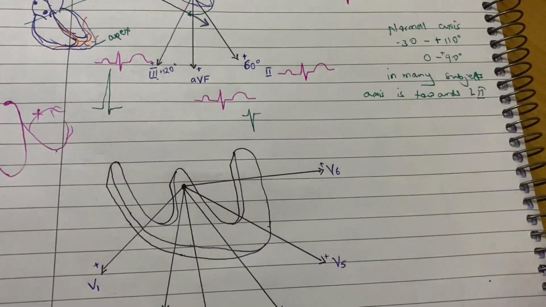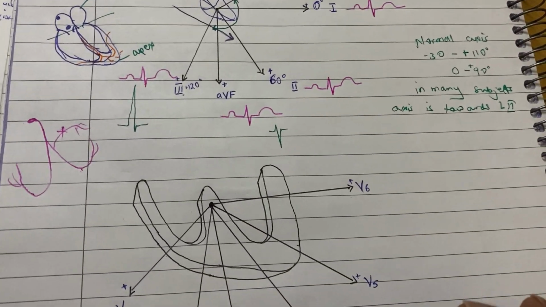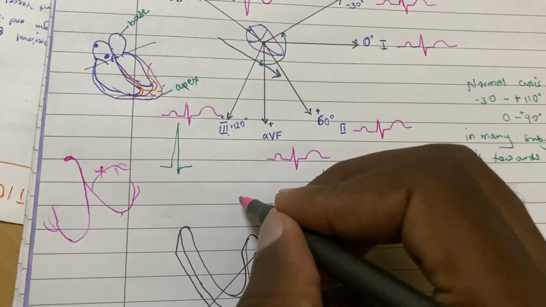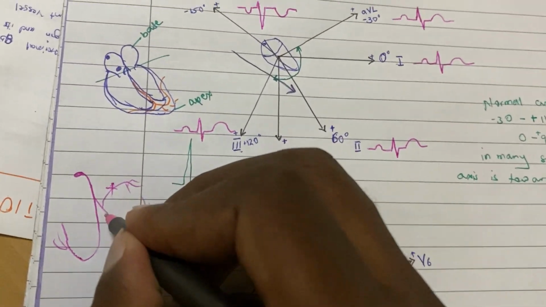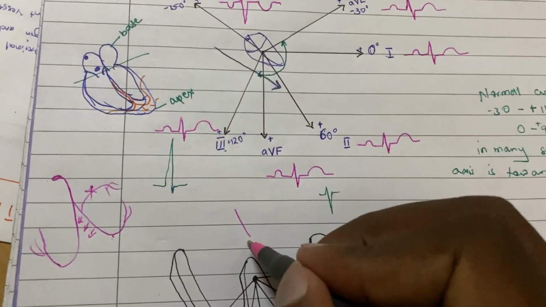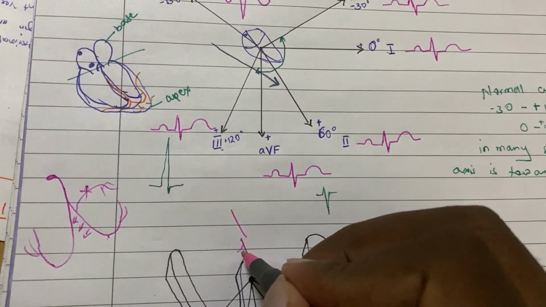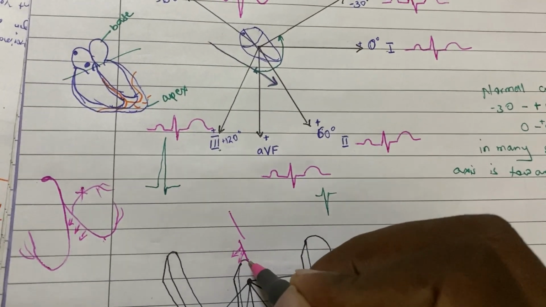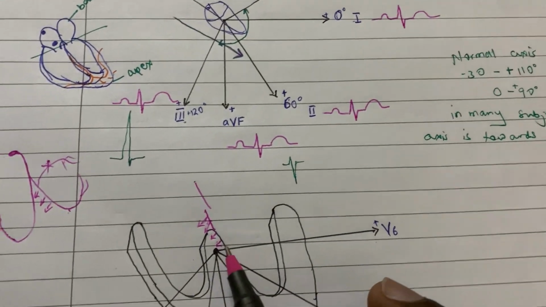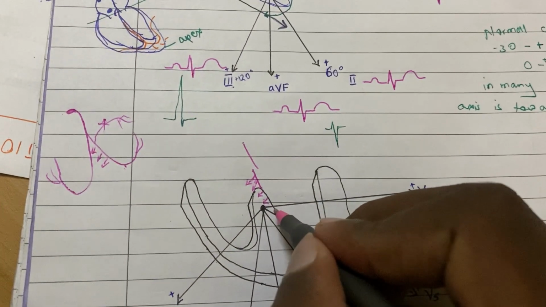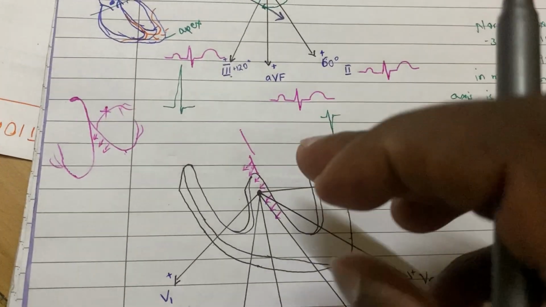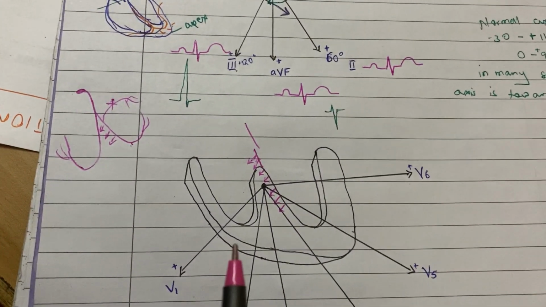So if we factor in the phases of ventricular depolarization, first is septal depolarization, and it is from left to right, like this. So septum is depolarized in this direction, a wave of depolarization is moving.